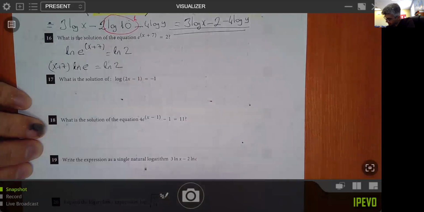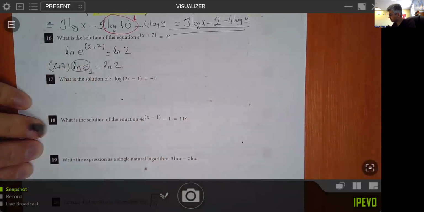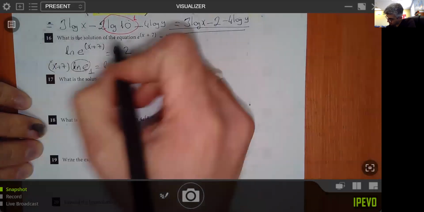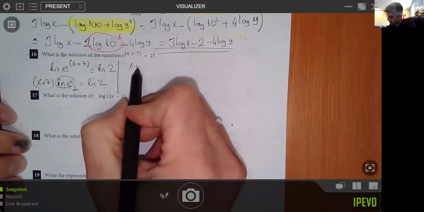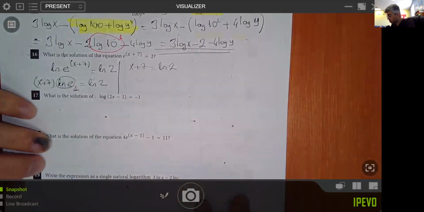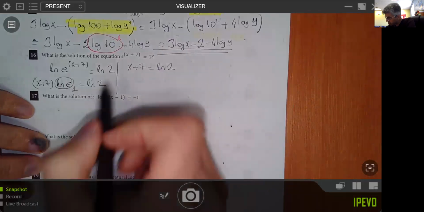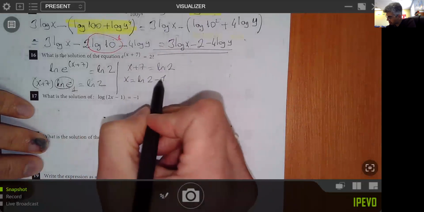Yes, guys, what is the value of ln e? It is 1, since the base is e. So we have x plus 7 equals ln 2. So what is the solution? What is the x value? It is ln 2 minus 7.